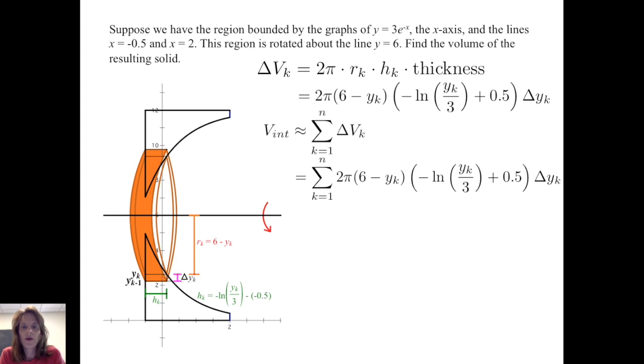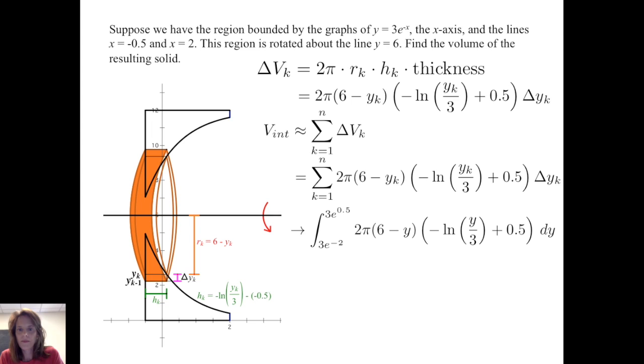To get the volume of the interior portion of the solid, I can simply sum the cylindrical shells. So I've got the sum, k going from 1 to n, of 2 pi times (6 minus y sub k) times the quantity (negative natural log of y sub k over 3 plus 1/2) times delta y sub k.